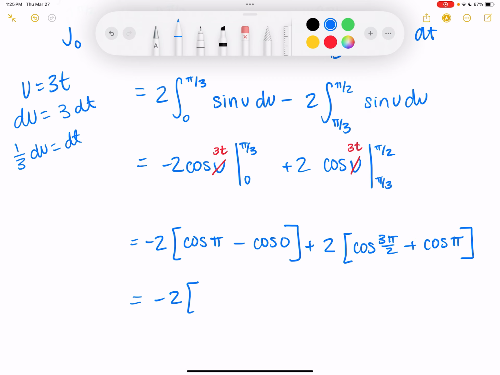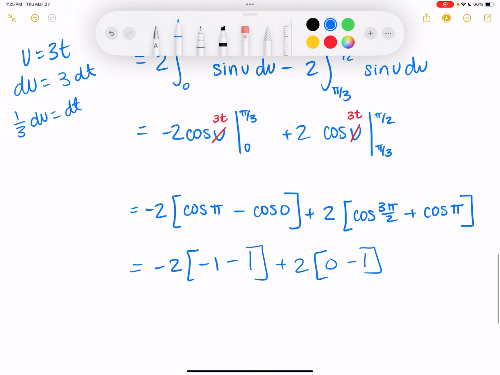Not 0. Negative 1. Minus the cosine of 0, which is 1. Plus 2 times cosine of 3 pi over 2, which is 0, plus cosine of pi. So this is negative 2 times negative 2, plus 2 times negative 1.